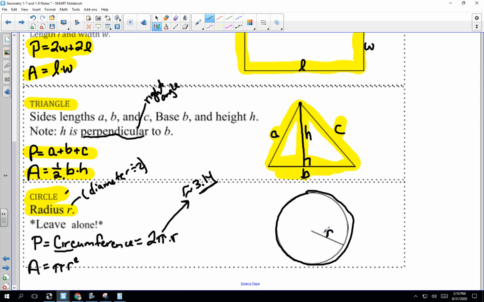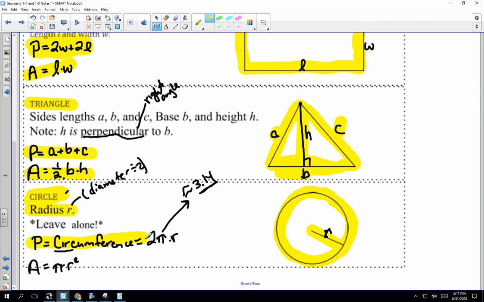So if you have the radius, you have everything you need to find the circumference and the area. That's why I love the circle, because you only need the radius and you have all of its information. It is amazing. The other one's a rectangle, I guess a square. If you have this side, you'd have everything.